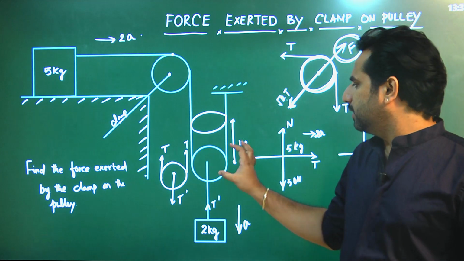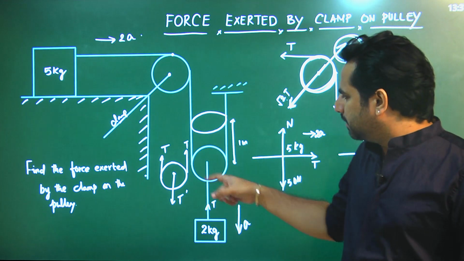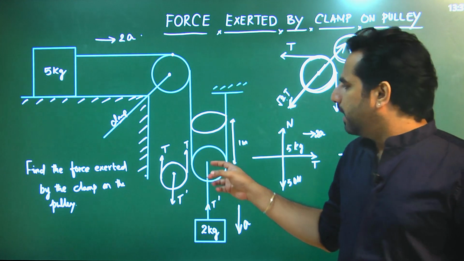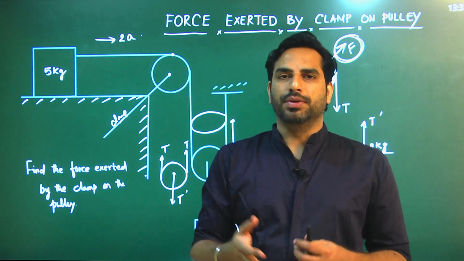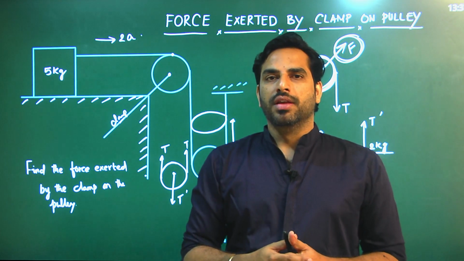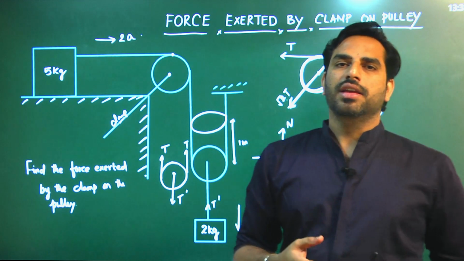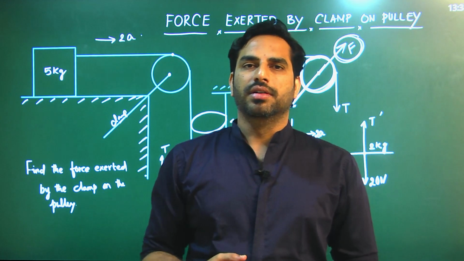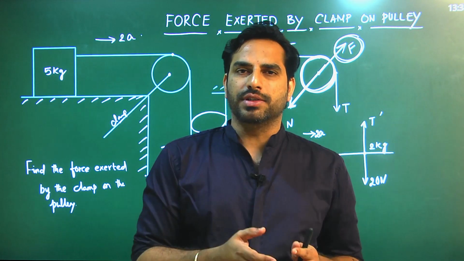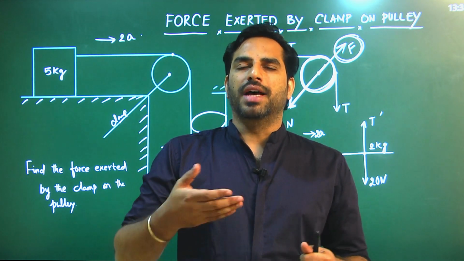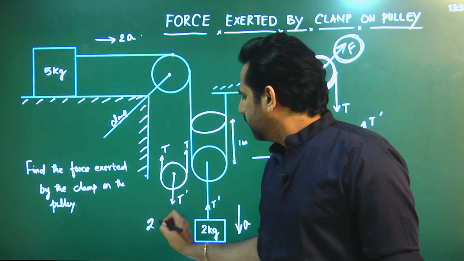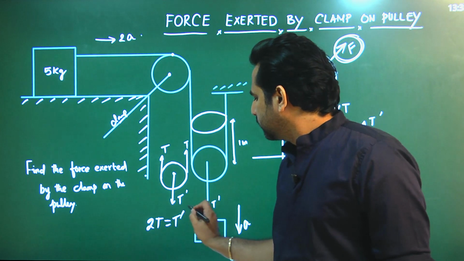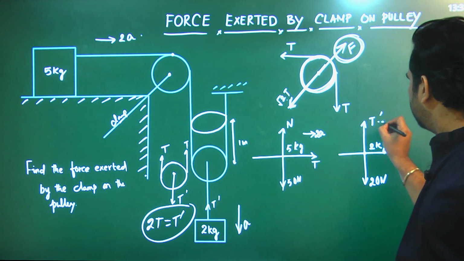The string is simply sliding over the pulley. When you take light massless pulleys, though the pulley is accelerating, because the mass is negligible, the net force on it is 0, because net force is mass into acceleration. If mass is tending to 0, the net force is 0. So I can say that 2T is equal to T dash.